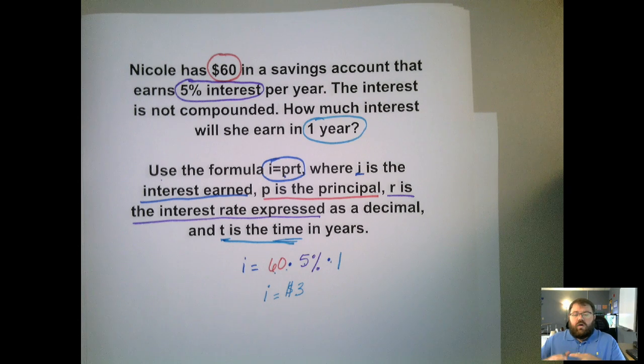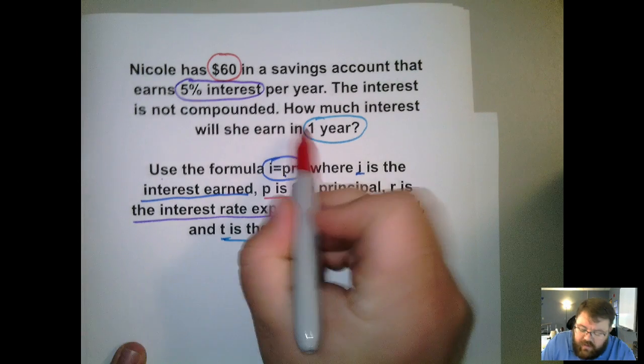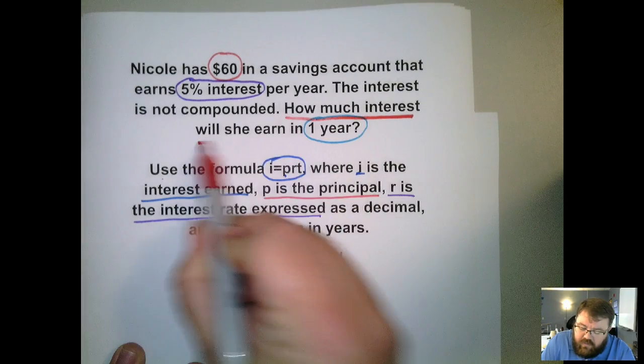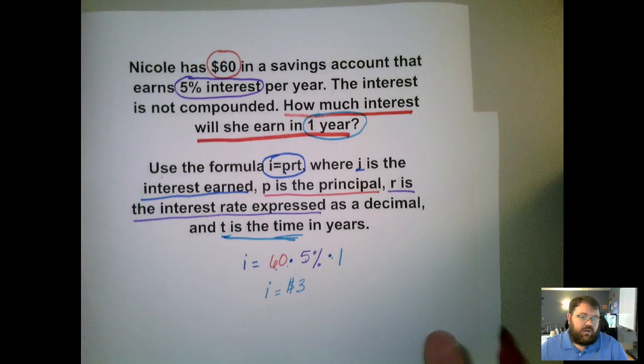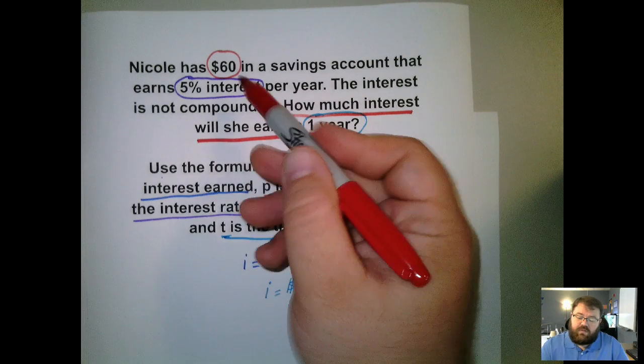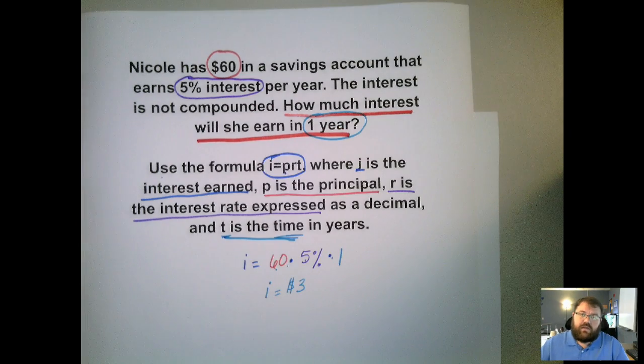Now, what you have to pay attention to is the question. And in this particular problem, the question is, how much interest will she earn in 1 year? So we know that the interest we just calculated is $3. I'm done here. She made $3 if she goes and puts $60 into this account.